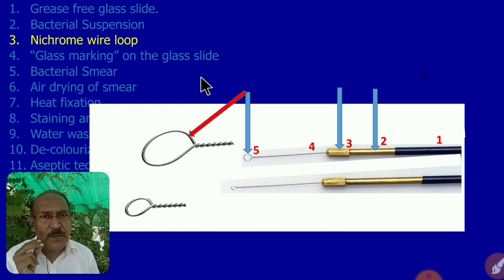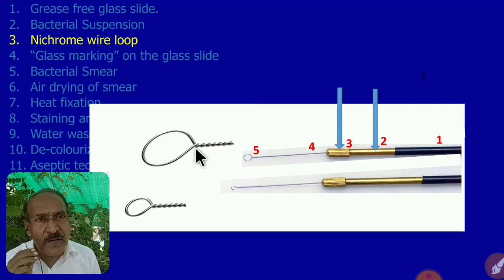The first and the most important purpose is this nichrome alloy is inert material. Means when you bring this nichrome in contact with bacterial preparations, then it doesn't cause any harm. It doesn't react in any way. So it is inert that way. So this is the first and the important thing behind selecting nichrome alloy for preparation of nichrome wire loops.